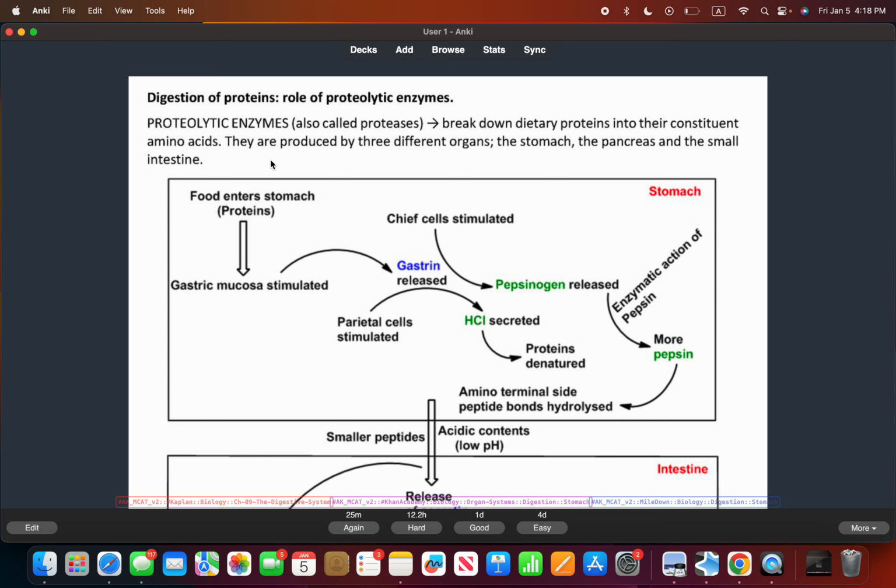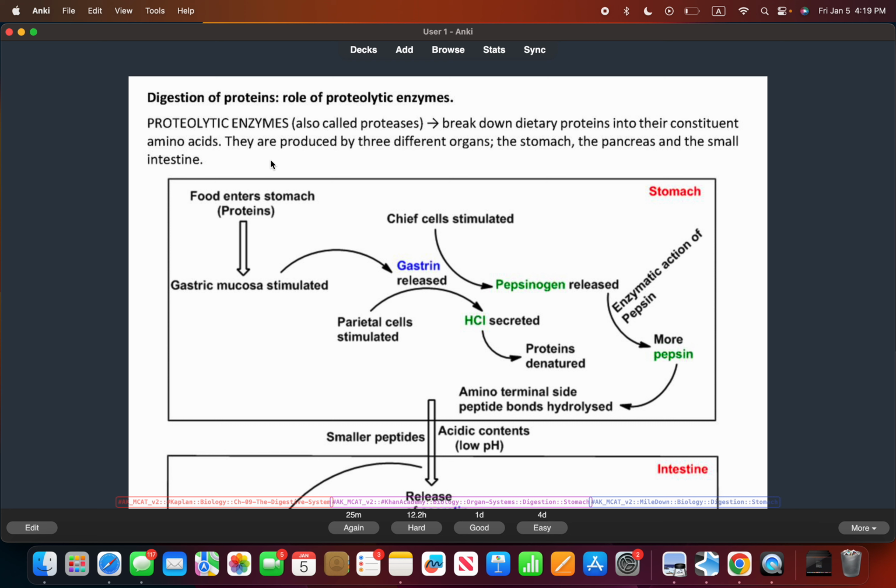So now we get to know that there are 3 places where peptides and proteins are digested. One of them is the stomach, as we know here. The other one is the pancreas, and also the small intestine.